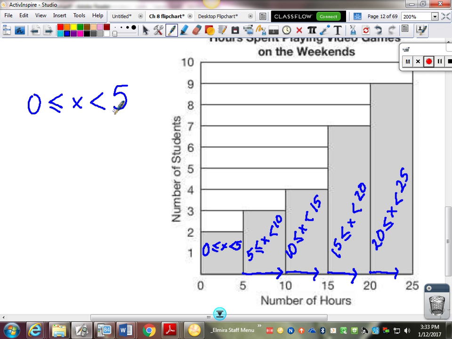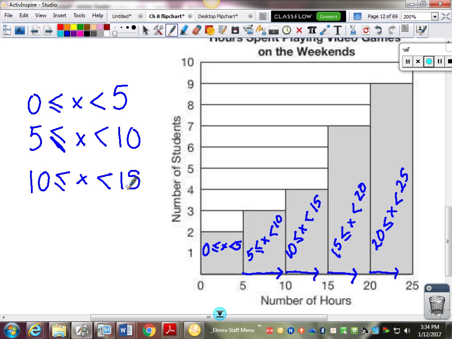The next bin starts with 5 again, but this one has an equal bar now. This one does not have an equal bar, which means that if I had a value of 4.9, it would go in the first bin. If I had a value of 5, it would go in the second bin because that's where the equal bar is. It can be equal to 5 here. It cannot be equal to 5 in the first bin. Then the next bin is 10 less than or equal to x less than 15, and so on.